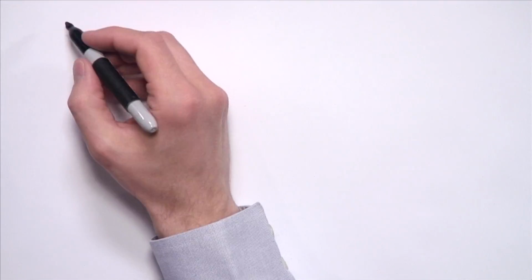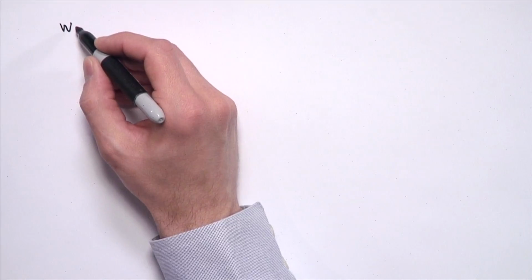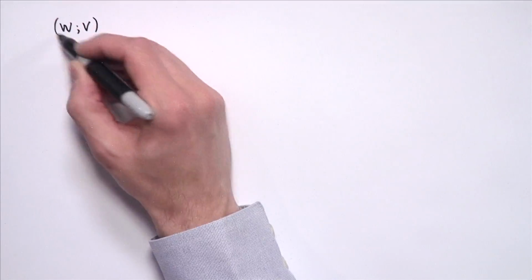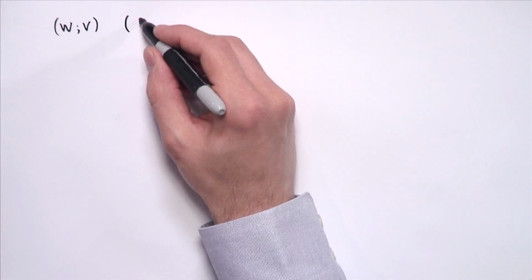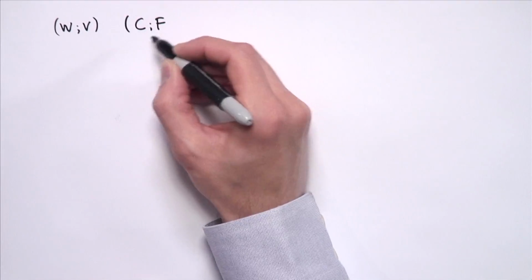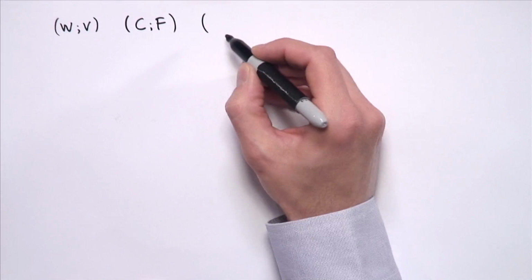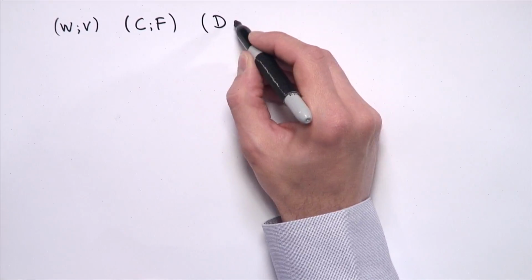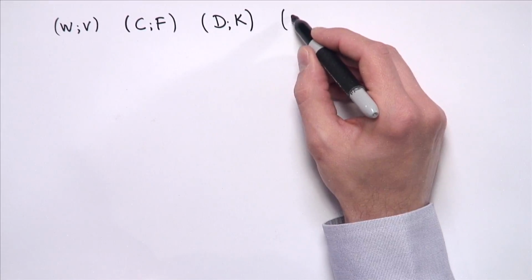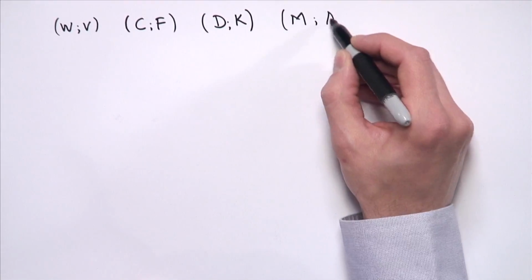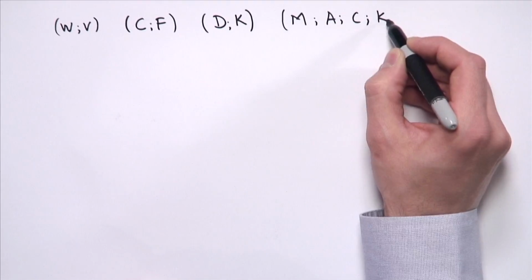Here are the 5 fragments. One is tryptophan, valine. One is cysteine, phenylalanine. Another one is aspartate, lysine. Another one has methionine, alanine, cysteine, and lysine.